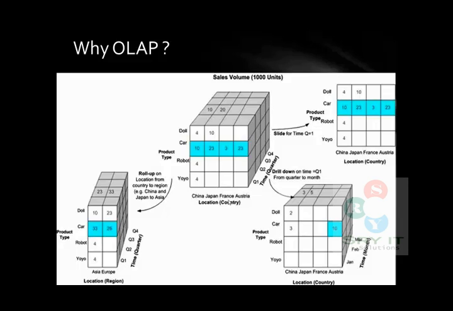Here SAP BW also comes into the OLAP category. SAP BW contains the data warehouse, right? In that data warehouse, we create some components, and we can pull the data from different database systems like OLTP systems into this SAP BW system, and we can create the queries on top of the SAP BW warehouse.